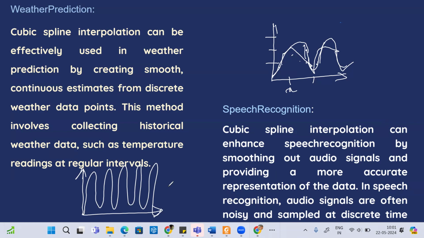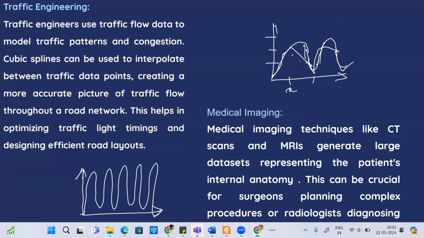So cubic spline interpolation is used to fill the gaps between fluctuations, meaning cubic spline interpolation can handle the noises and tiny fluctuations of this graph. So we can use cubic spline interpolation.